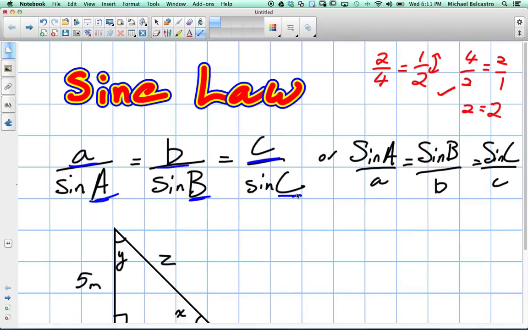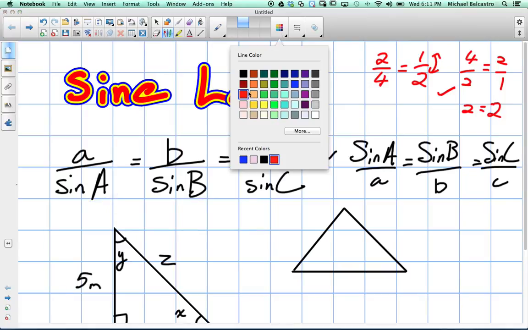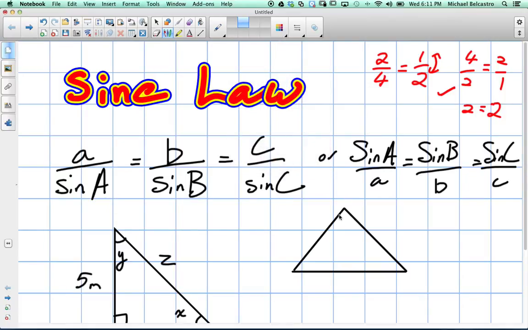So I'm going to quickly draw out a triangle, and I'll show you how you label it. Using sine law, you can rename any triangle essentially anything you want. If this is angle A, the only rule is whatever's opposite of it has to be labeled with that same letter, just lowercase.